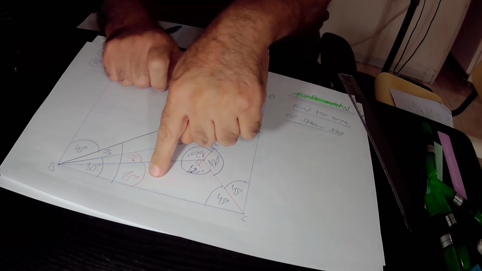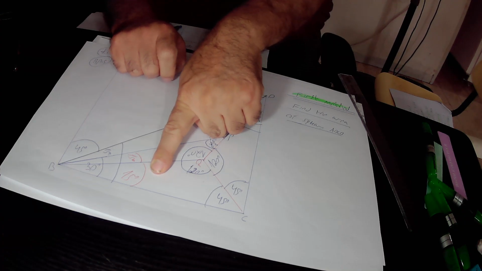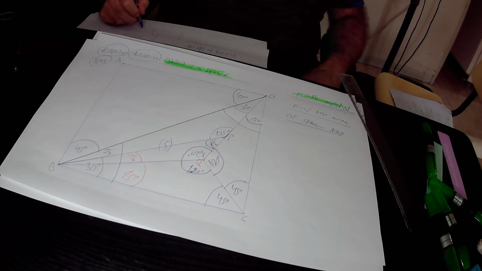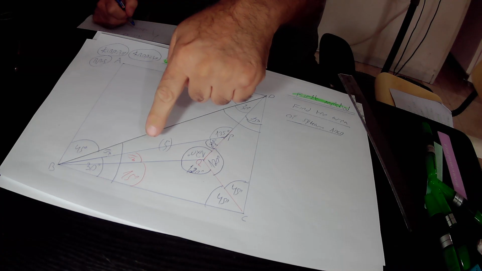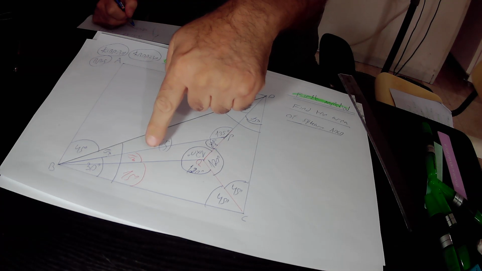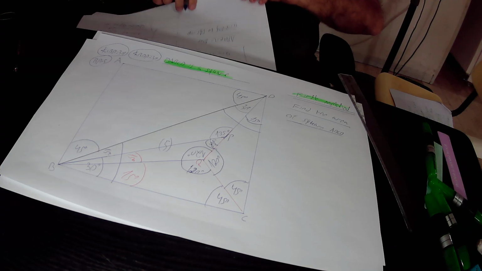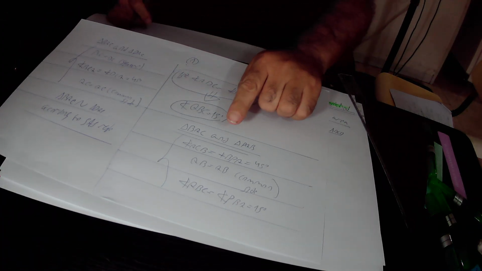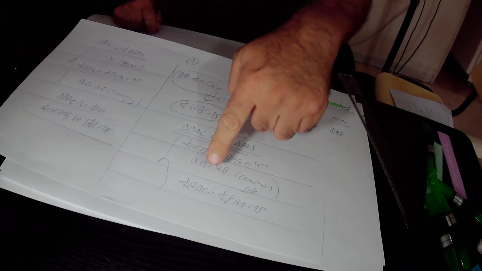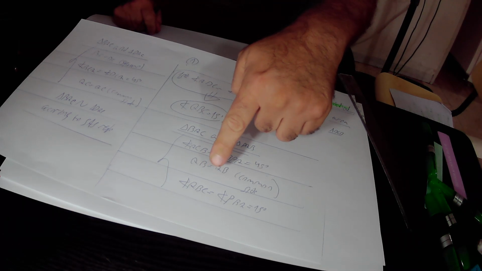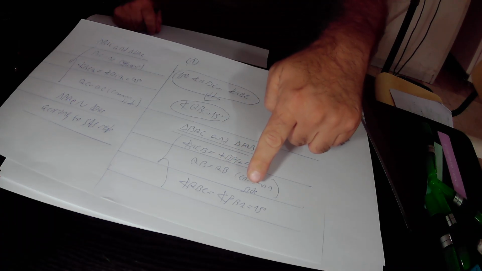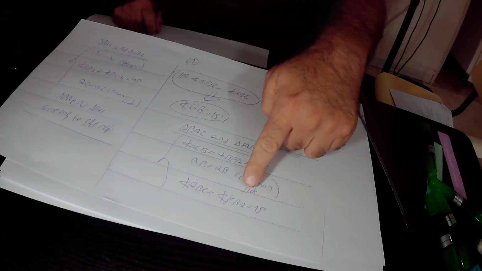So actually this is angle QBC in triangle PQC, and it is equal to this angle, angle PBQ in triangle PQB.